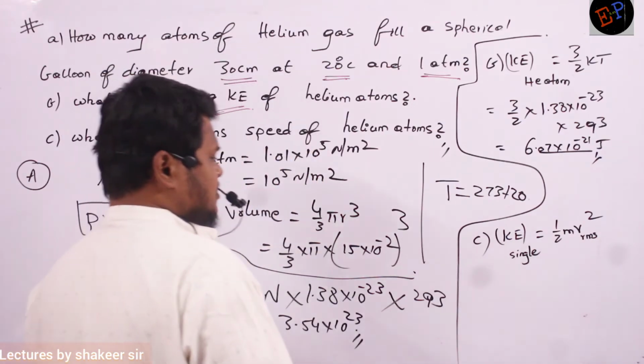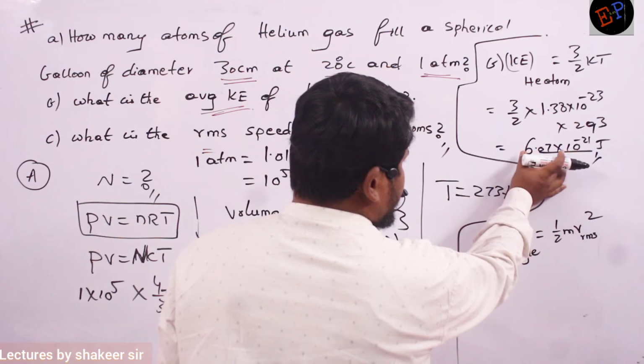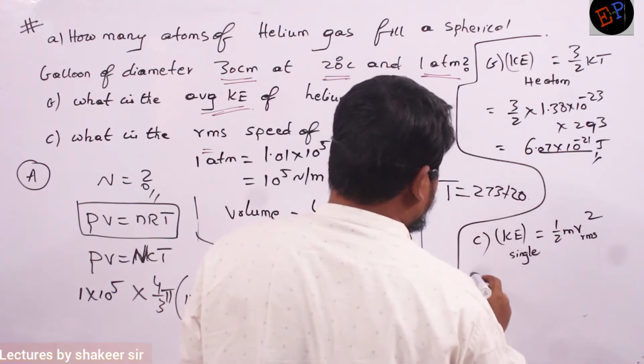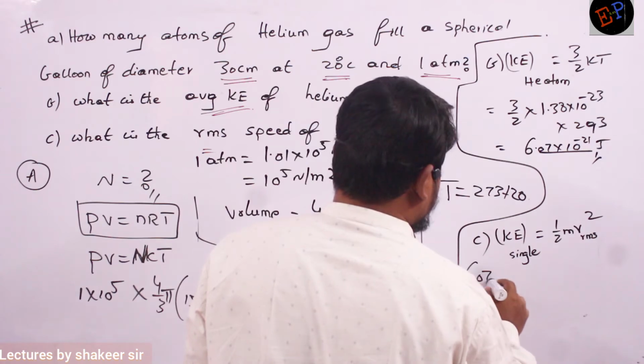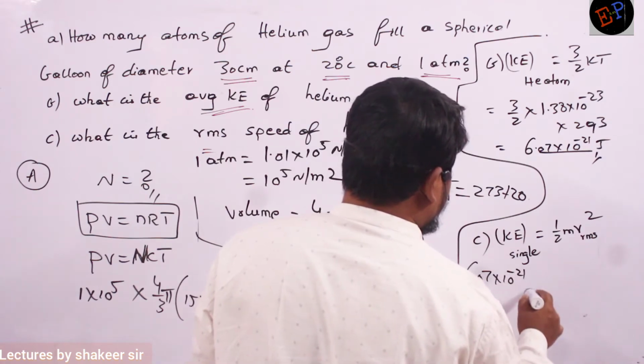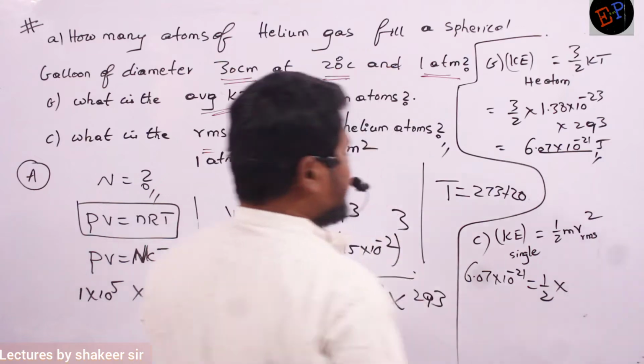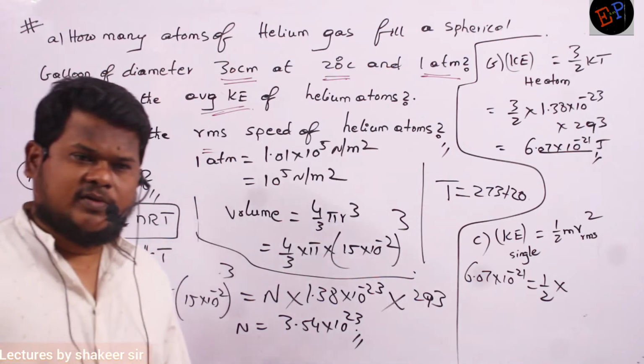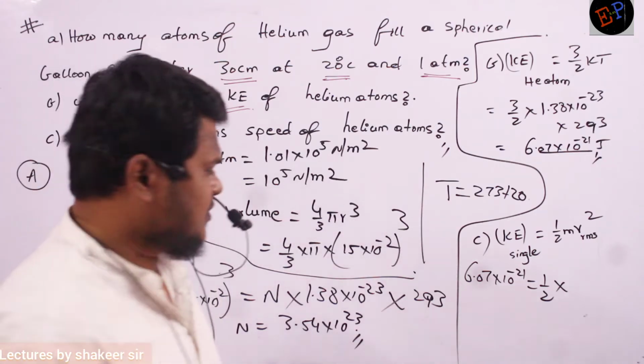Helium gas he is asking. So the kinetic energy of a single molecule we have already calculated. So substitute: 6.07 into 10 power minus 21 is equal to half into, what is the mass of helium? 4 AMU. So you have to convert AMU into kg.